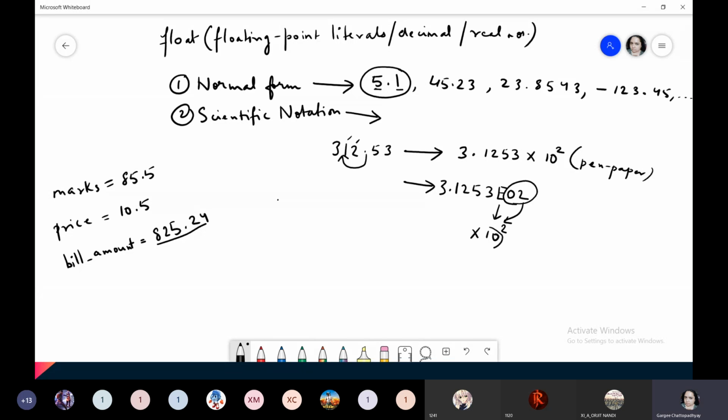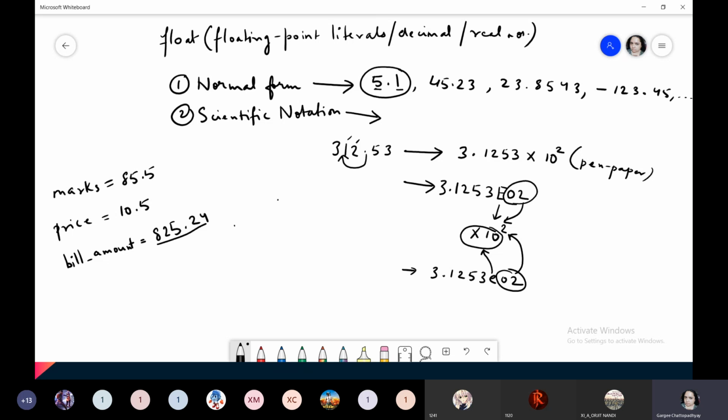You can also write it this way, 3.1253 small e 0 2, where this small e also stands for into 10 and this 0 2 also stands for raised to the power 2.